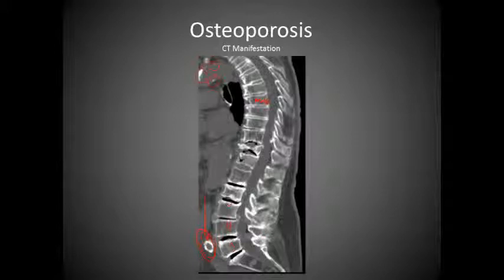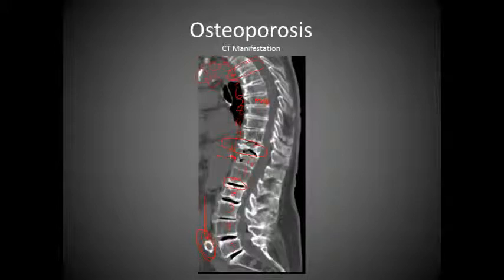Additionally, we have L5, 4, 3, 2, 1, 12, 11, 10, 9, 8, 7, 6, 5, 4, 3, 2. So we've got abnormalities at T11, probably T12 as well.